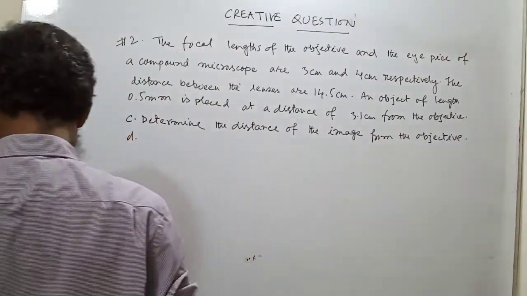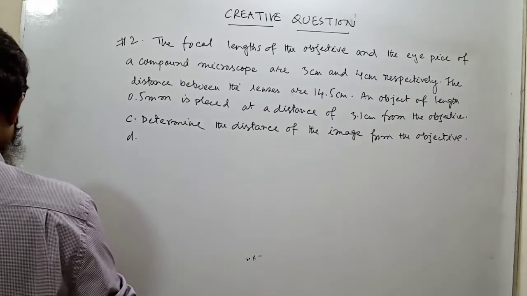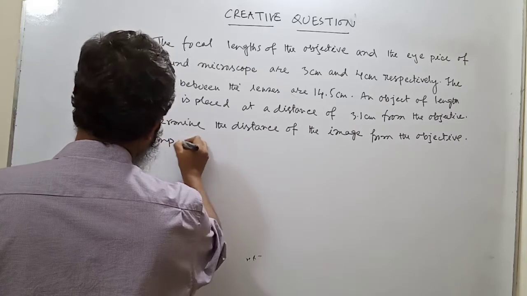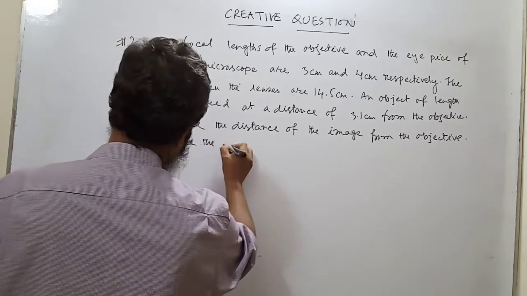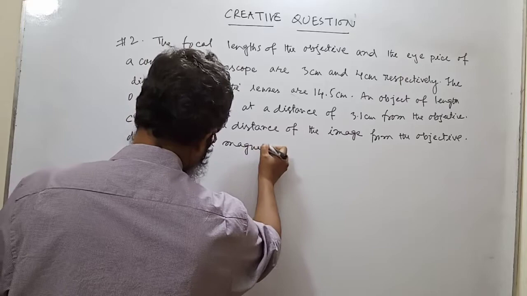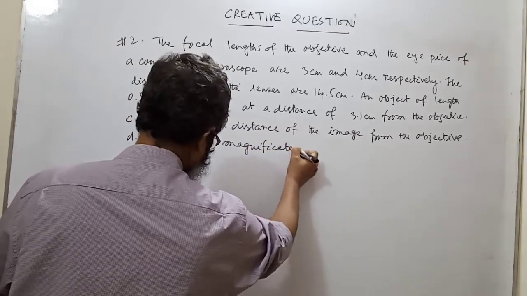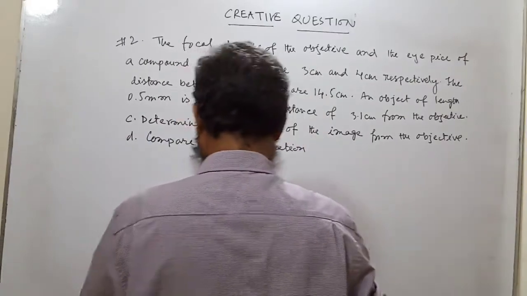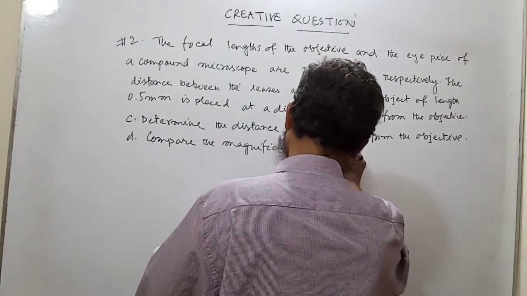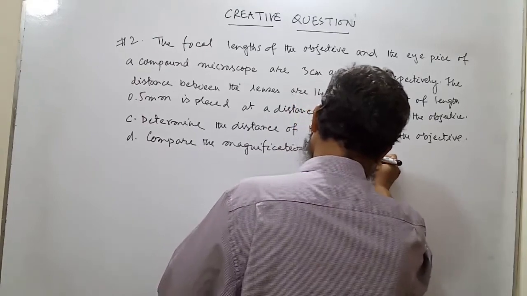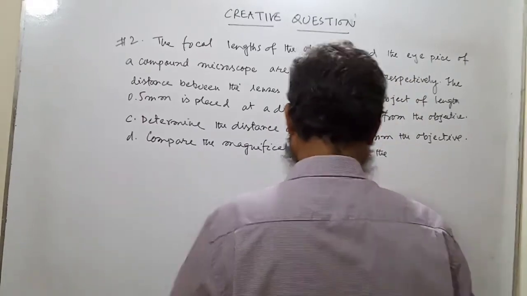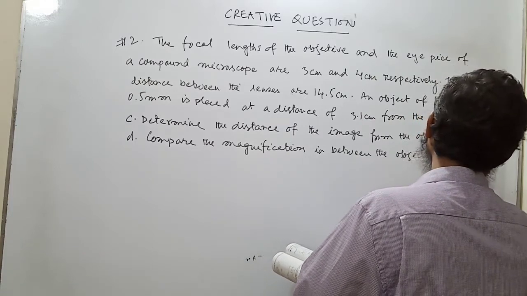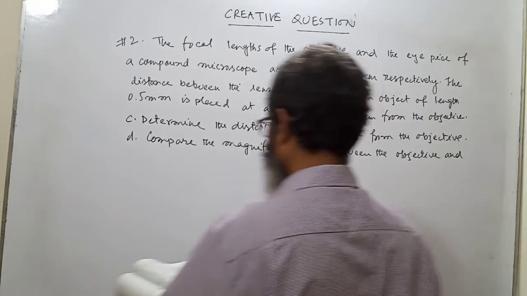And number D, compare the magnification between the objective and the eyepiece.